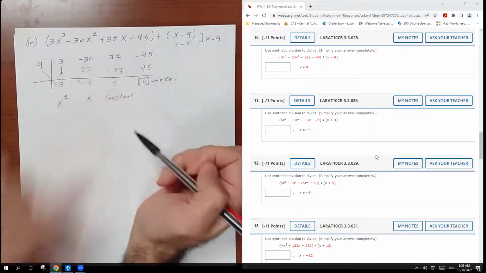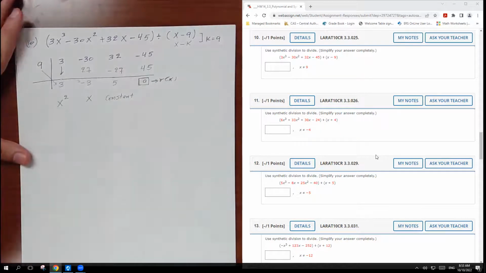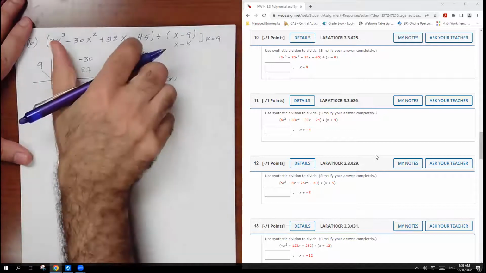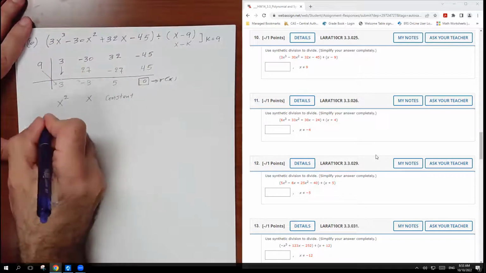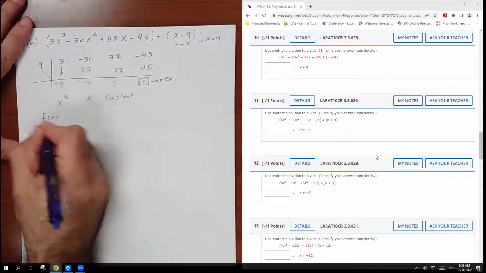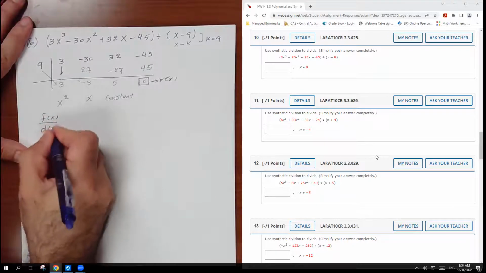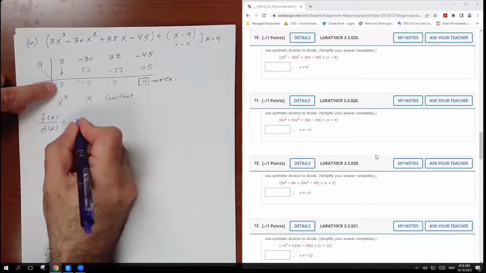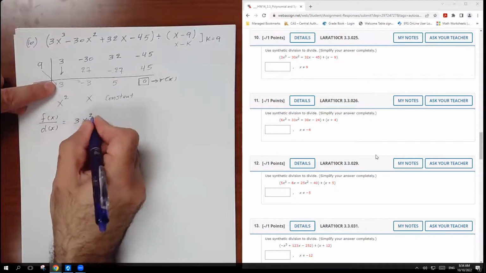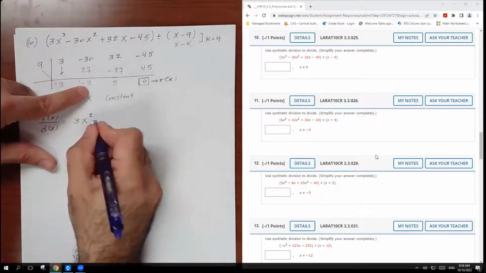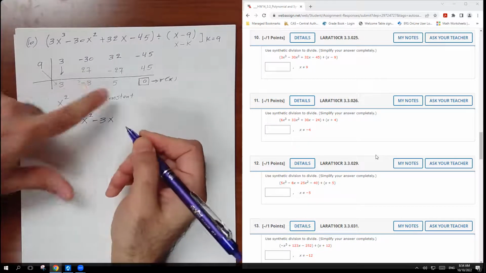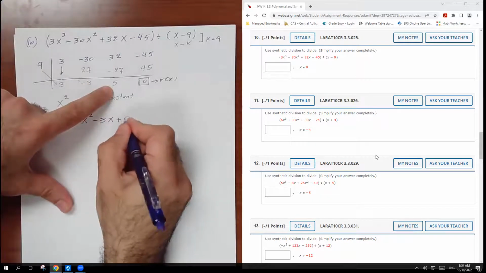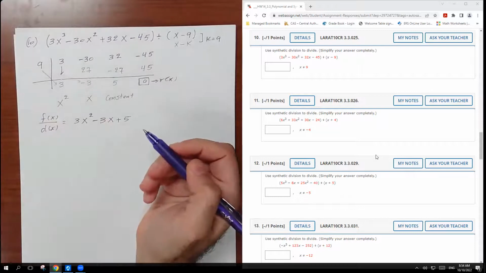Add these together, it's going to be 0. That means the result of the division of f of x by d of x is equal to: the first number is going to be 3x squared, this one is going to be minus 3x, this is a constant, and the remainder is 0. I don't have to write it down.